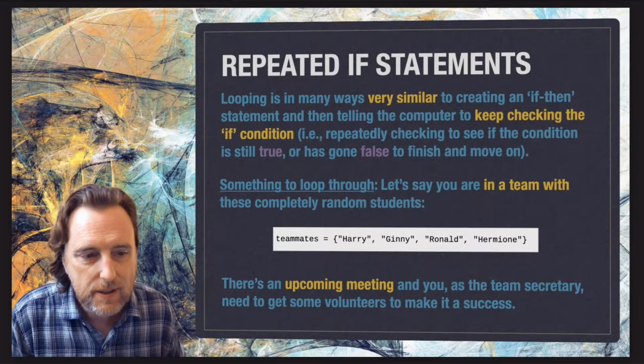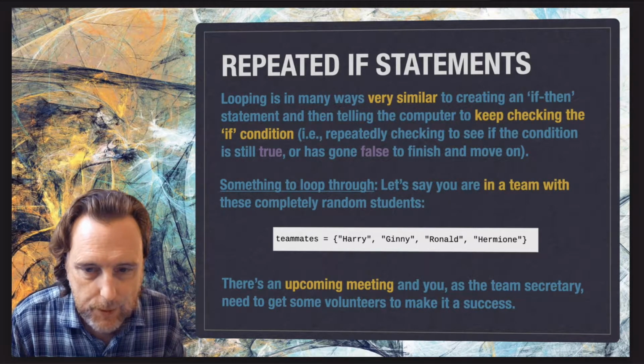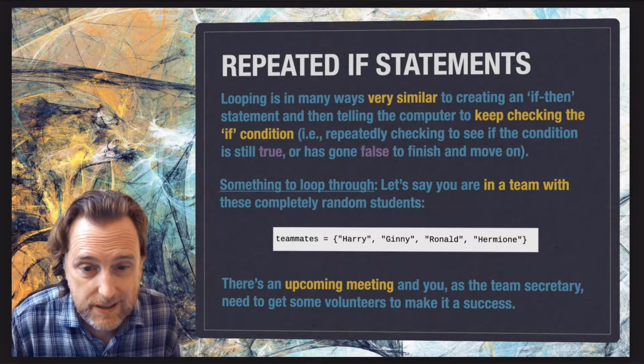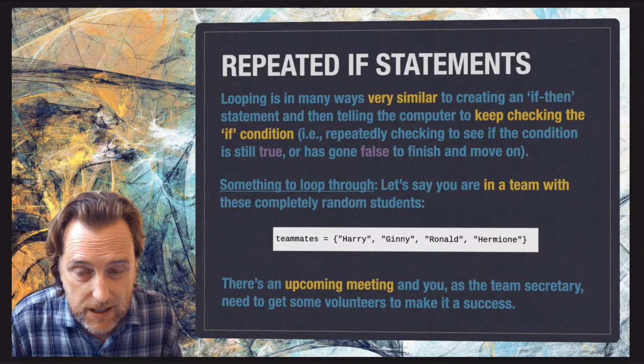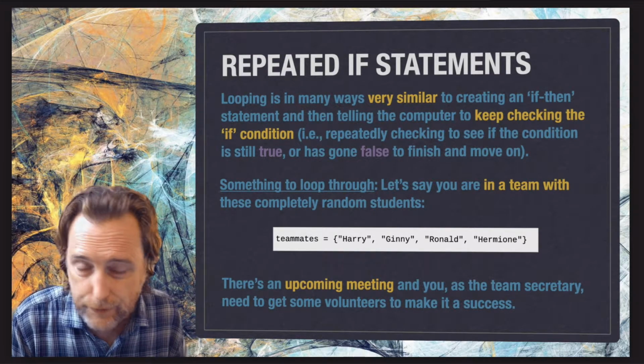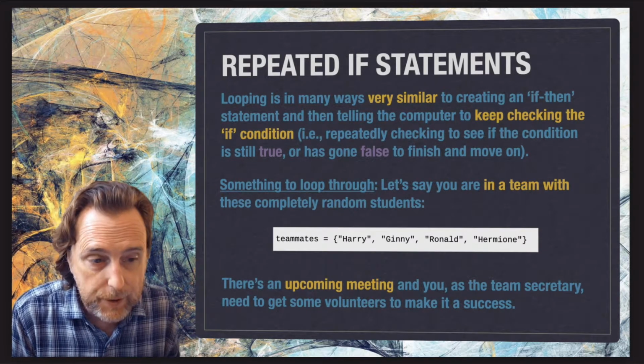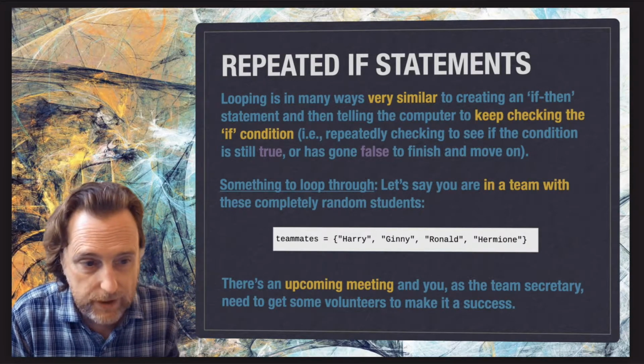All right, so to give us something concrete to loop through, I've got a little table here called teammates, and I've got 4 teammates: Harry, Ginny, Ronald, and Hermione. These are obviously completely random names. They should not be inferred to be part of any sort of ongoing movie franchise or copyrighted or trademark works of any sort.